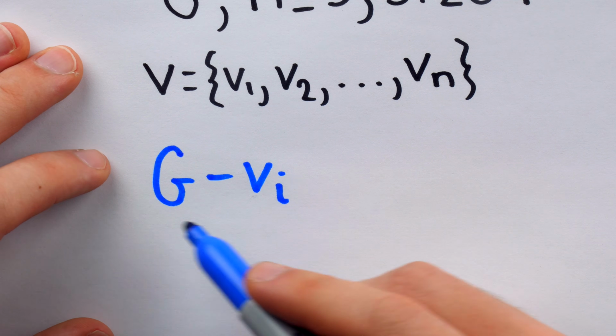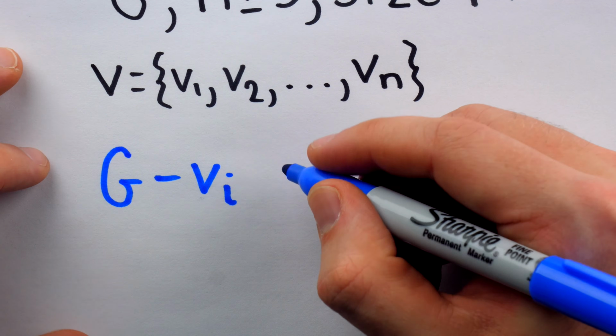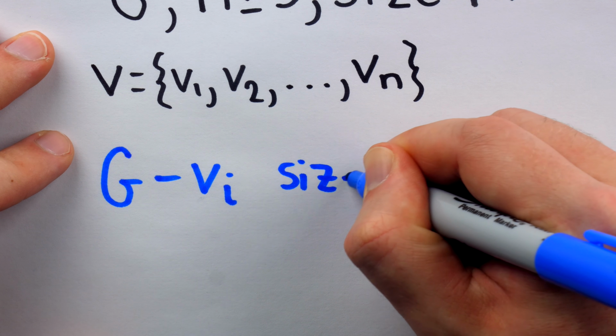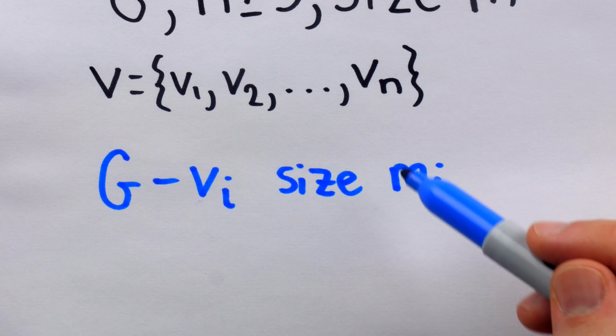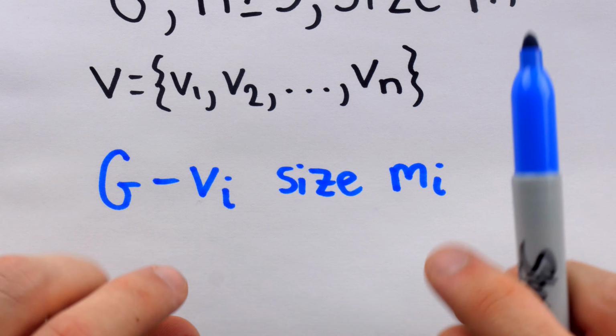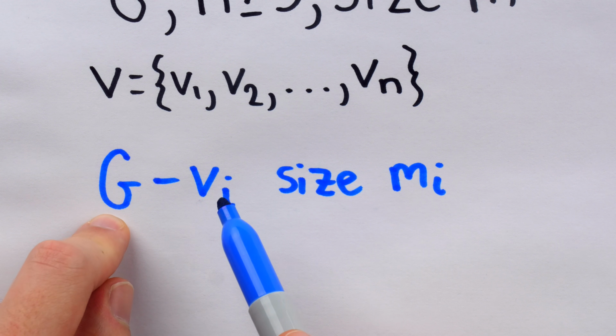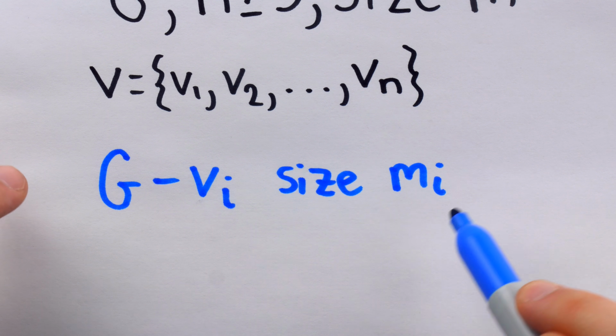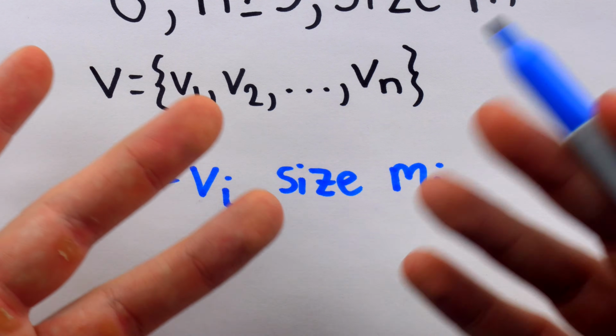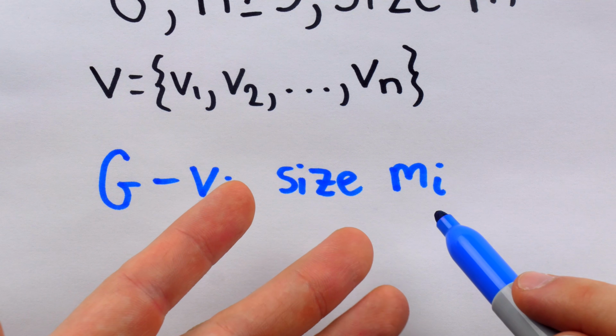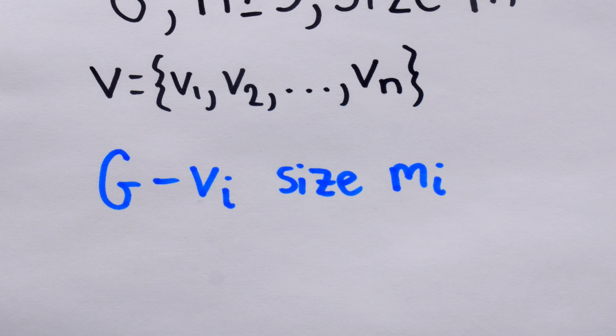Let's say that each of those graphs, G minus Vi, has a size of Mi. So Mi denotes the number of edges in the vertex-deleted subgraph G minus Vi. And keep in mind that this information is accessible to us. We can look at the deck of cards and count the size of each vertex-deleted subgraph.